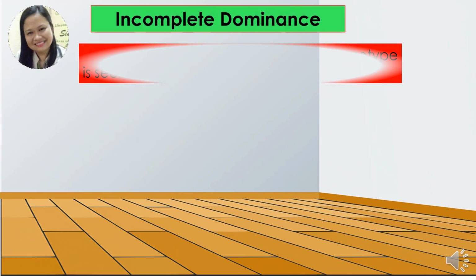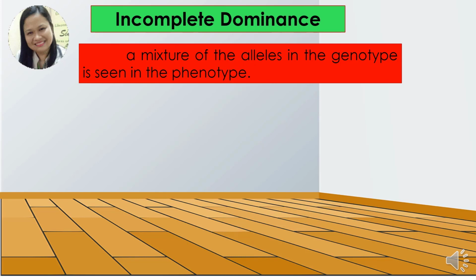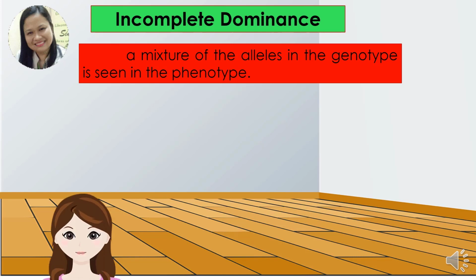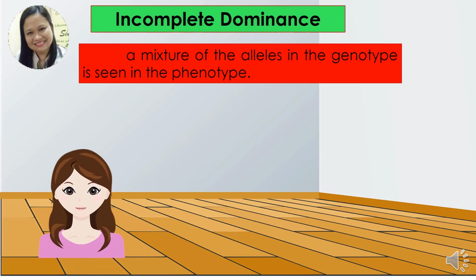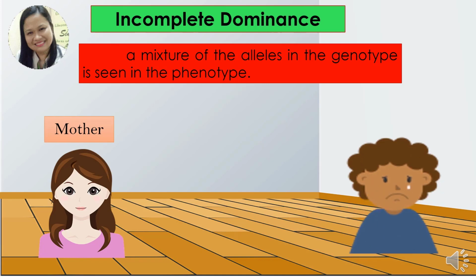Incomplete dominance. As I said, that is the mixture of the alleles in the genotype seen in the phenotype. Let's say a mother with straight hair and white complexion marries a man with curly hair and black complexion.